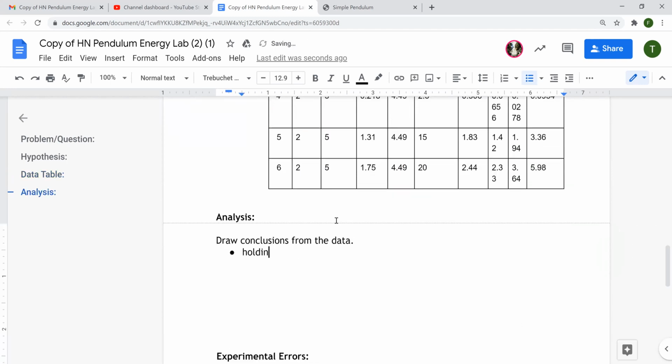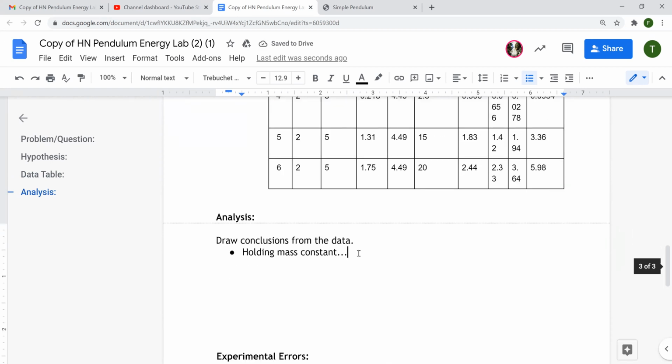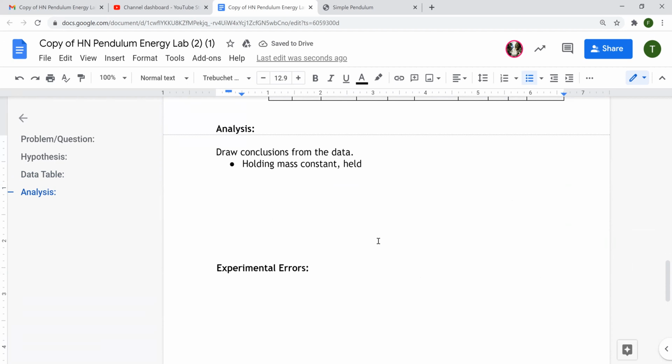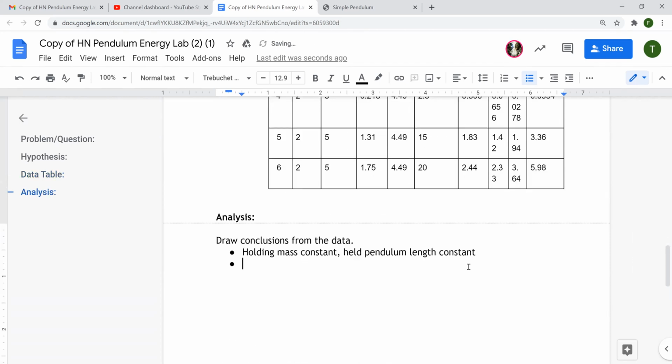So holding mass constant, what did we notice? Well, we also held the pendulum length constant, so we noticed that the period was always the same.